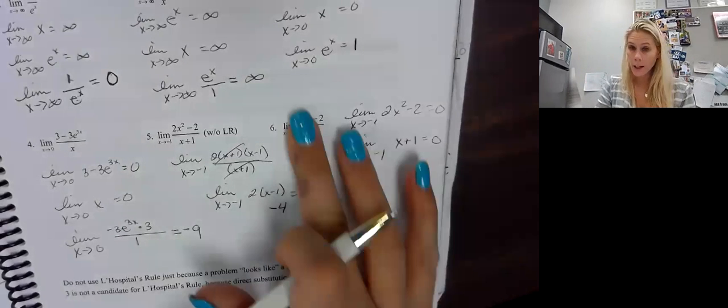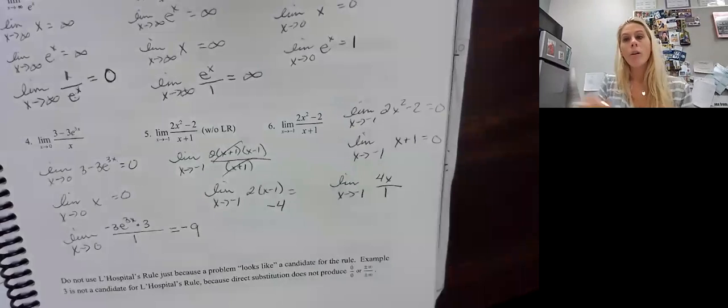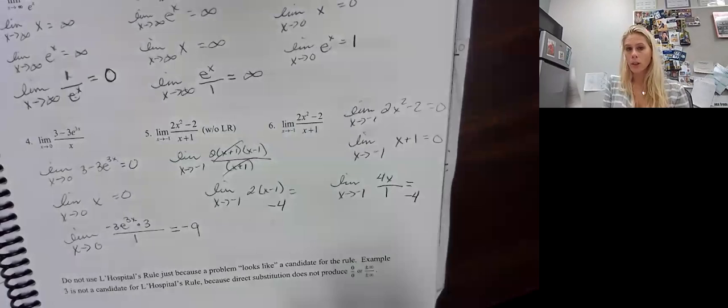And because of this, it means that I can do L'Hopital's rule. Now I'm going to take the derivative of the numerator, derivative of the denominator. So the numerator's derivative would be 4x, and the derivative of the denominator would be 1. Now if I substitute in, I get the value of negative 4. And you get the same answer.